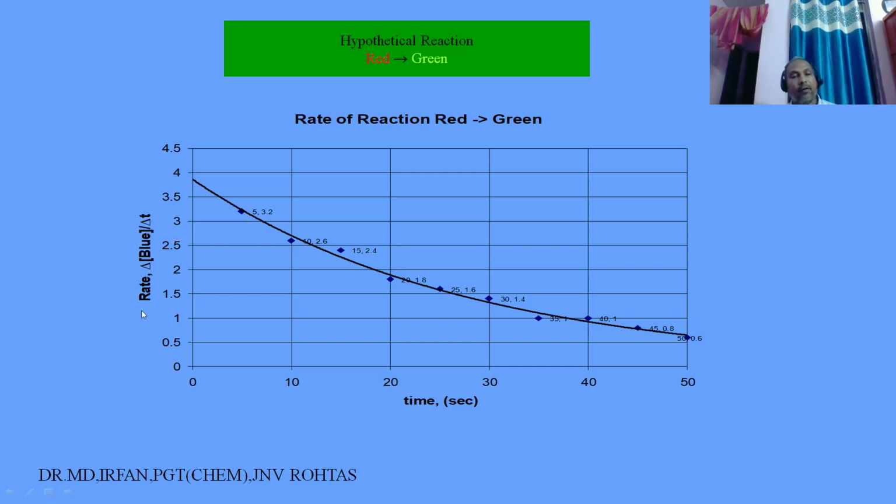That means the rate of formation of green molecules. As the time increases, the rate of reaction decreases. Why so? Due to the decrease in concentration of the reactant.